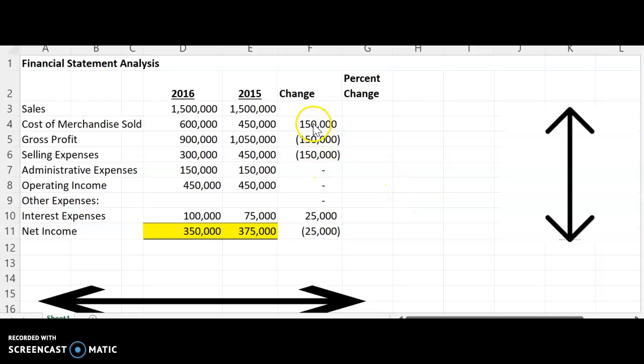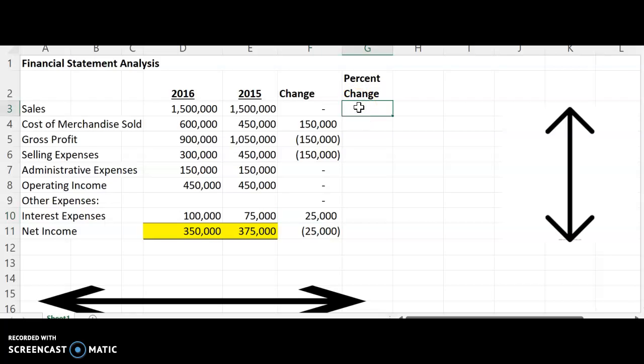And I can see there was a change in cost of merchandise sold, which affected gross profit, and a change in interest expense. So the horizontal analysis is actually figuring out the percent change.